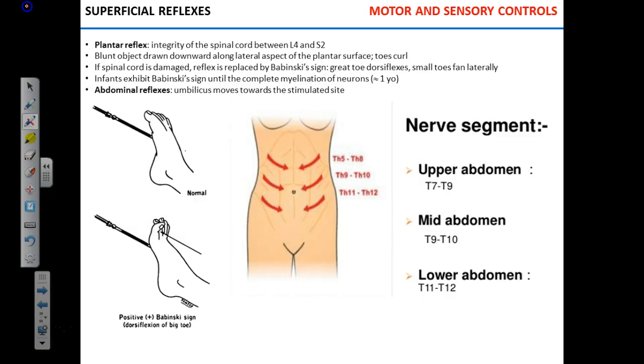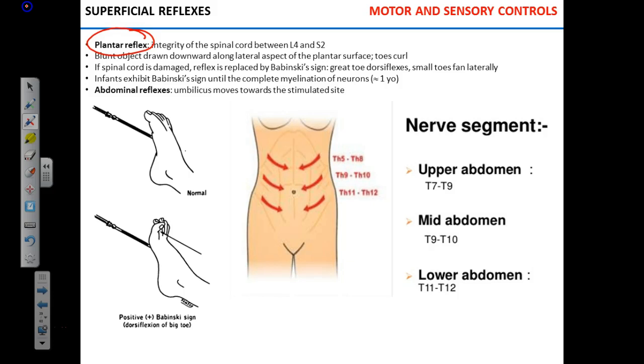Other reflexes, so-called superficial reflexes. Now, there are plenty of them. Plantar. It's a pretty common reflex, often used to check the integrity of the lower spinal nerves and lower parts of the spinal cord. Often used in kids. Okay?